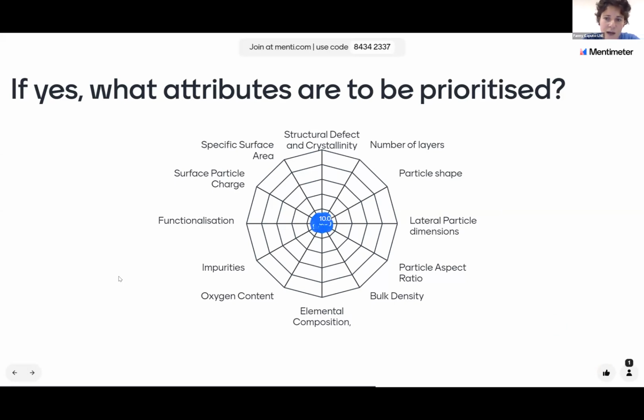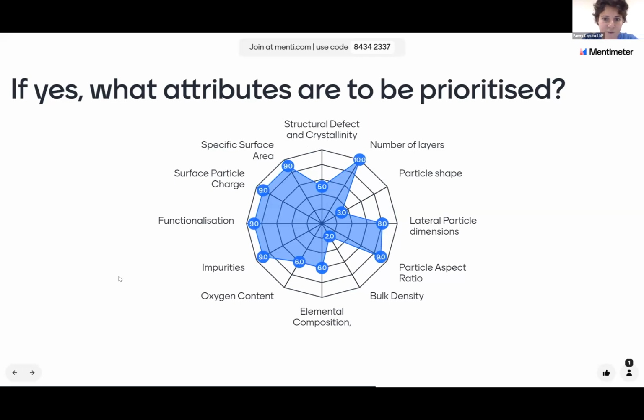And then you have structural defects and crystallinity, the number of layers, the particle shape, the lateral dimension, particle aspect ratio, bulk density, the elemental composition, the oxygen content, impurities, the functionalization of the surface, the particle surface charge, or the specific surface area.